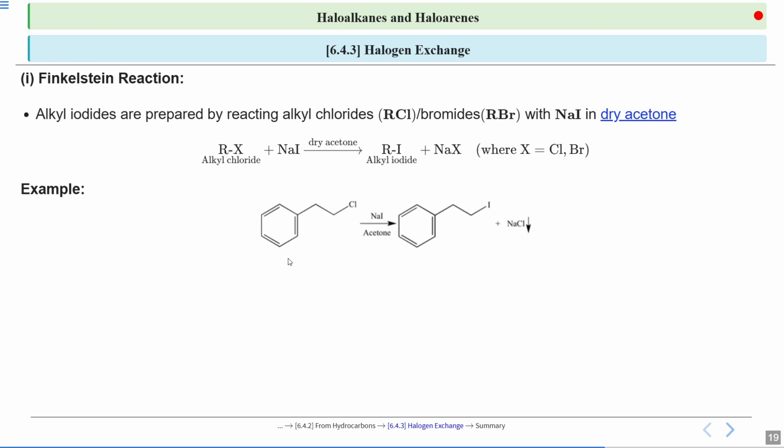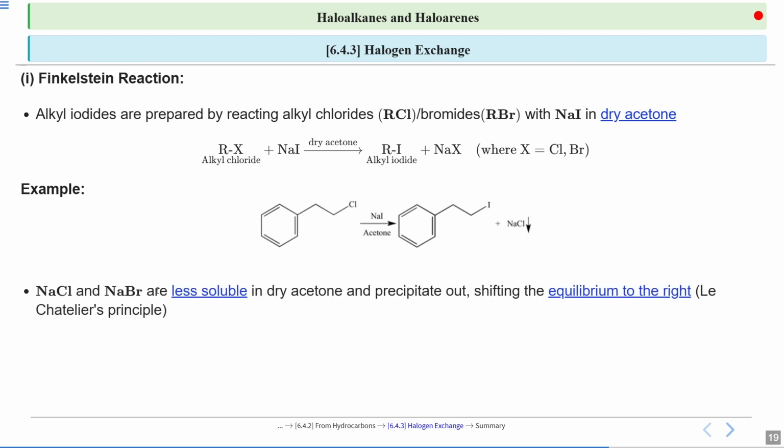So the reaction of an alkyl chloride or alkyl bromide with sodium iodide in the presence of acetone gives alkyl iodide as your major product, plus NaCl, which precipitates out of the reaction mixture as a side product.